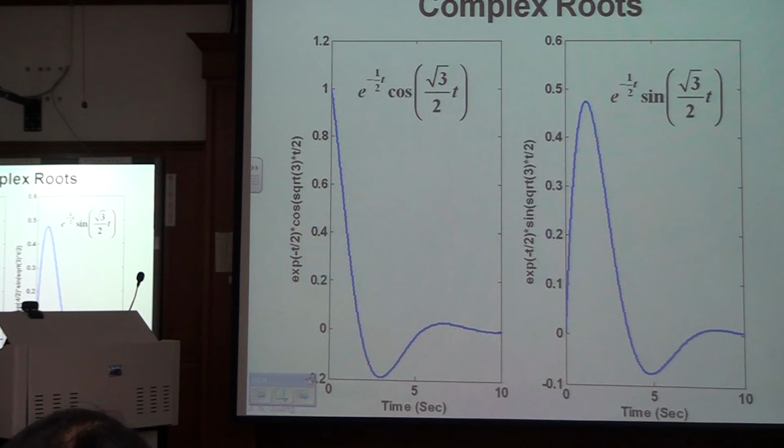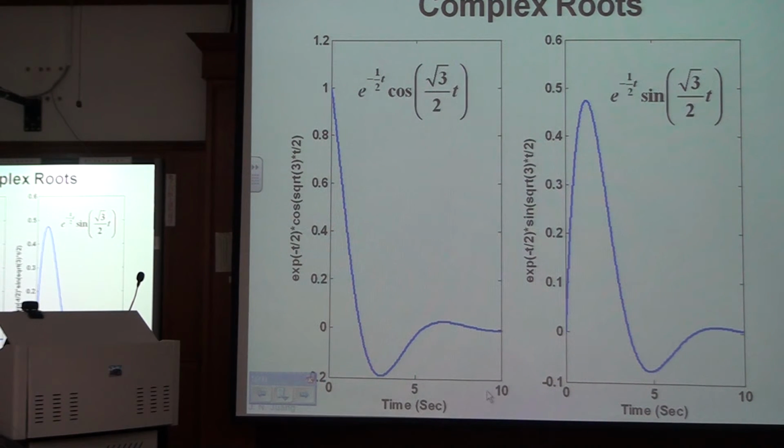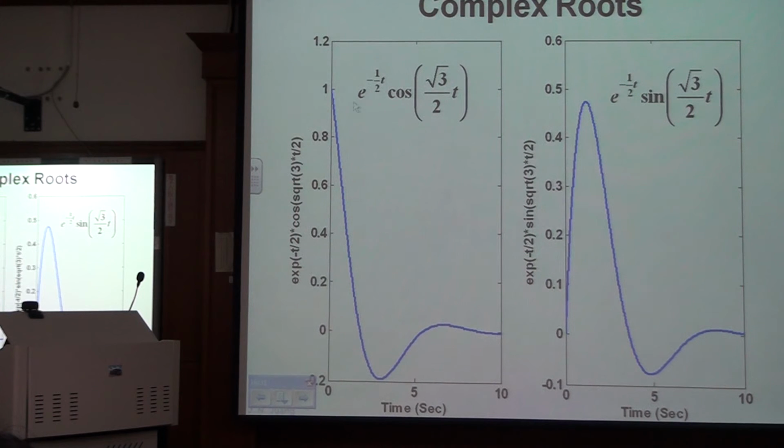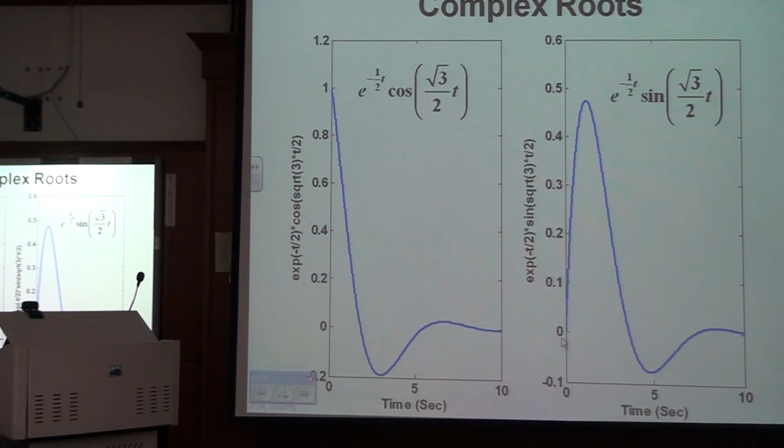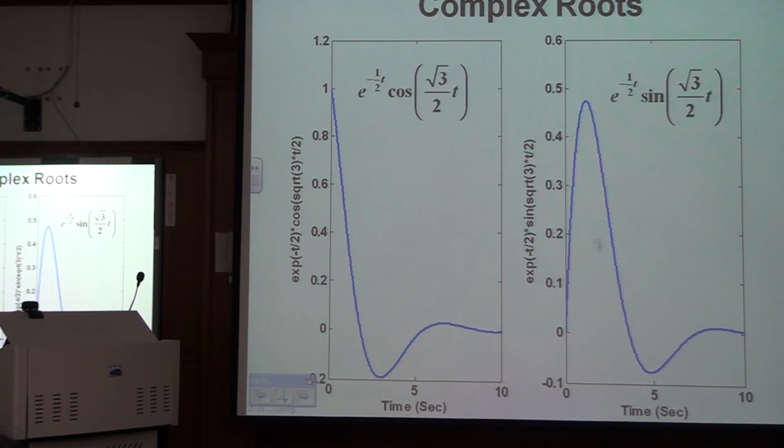If you recall, about 2 slides ago, if you don't have a sine function there, it decays quickly from 1 to 0. Here, you decay down and you go up and going down, the same thing, going up, going down, and going up. This is because you have cosine, you have sine, and square root of 3 divided by 2 is your oscillation frequency.